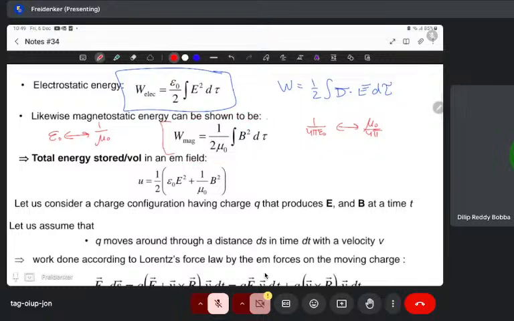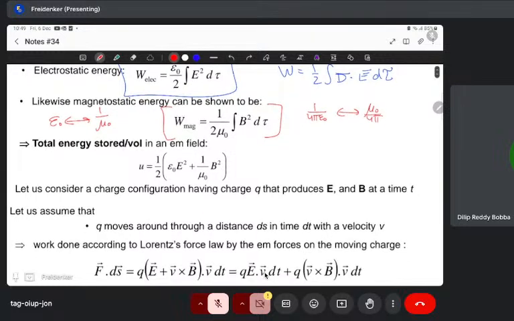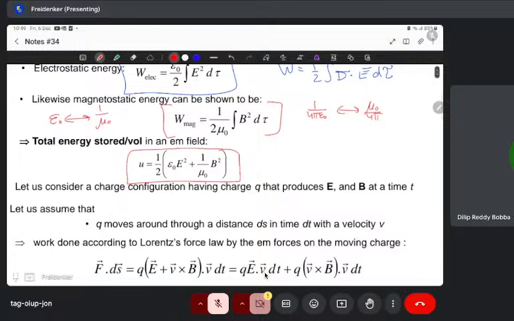So this is energy, work done. The magnetic energy. This is electrical energy. Fine. So what is total energy? An electromagnetic wave has both electric field and magnetic field. So total energy is basically the summation. But they are dividing total energy per volume, right?